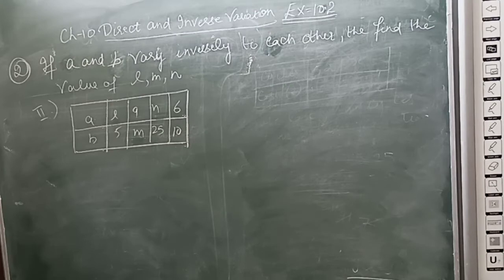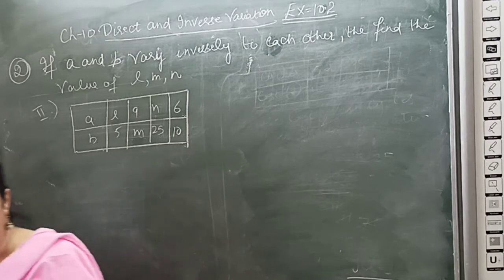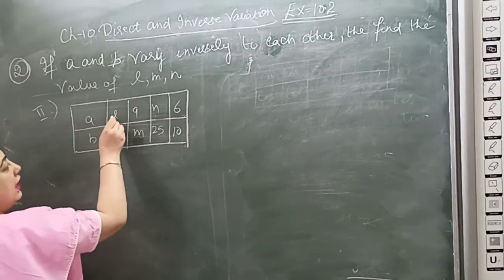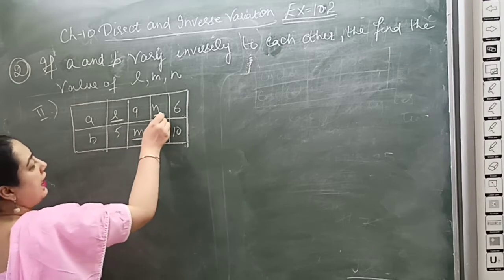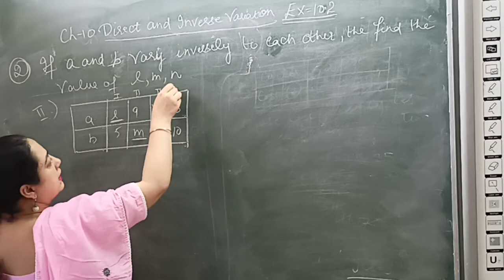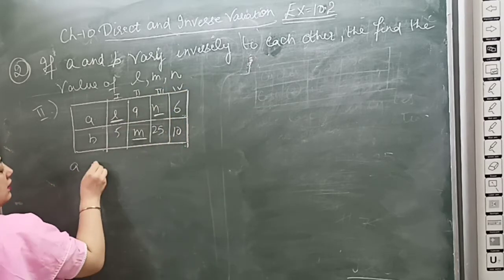Sum number 2 is: if A and B vary inversely to each other, then find the values of L, M and N. Four columns are given to you, first, second, third and fourth, and you have to find the three values.